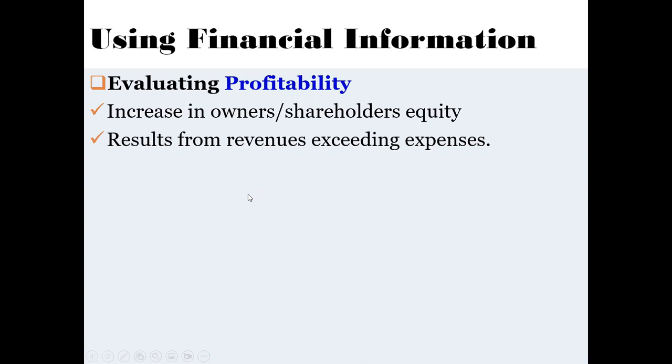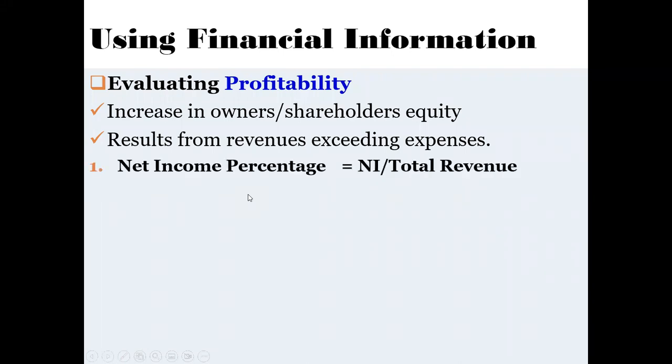In regards to this question, for the service organization, the first thing we would look at is what we call the net income percentage. And to get this net income percentage, we simply put our net income over our total revenue. So look back at the income statement. The net income from the income statement is 4,300.